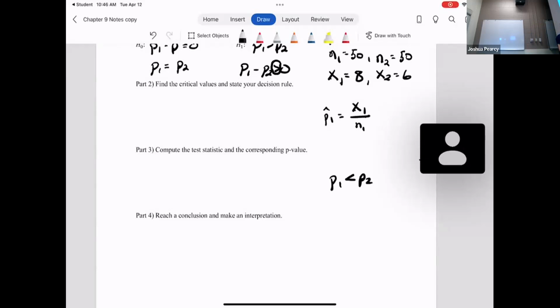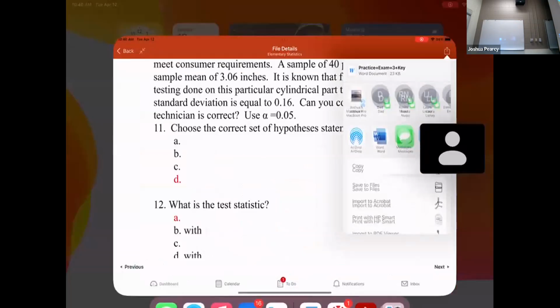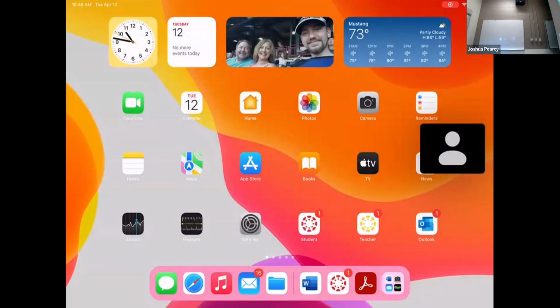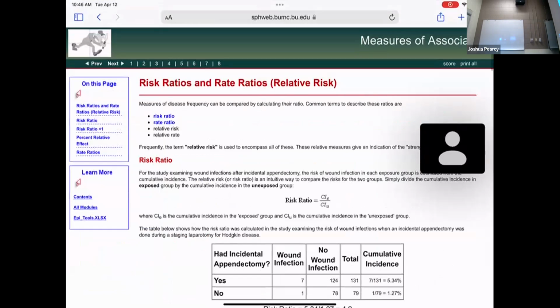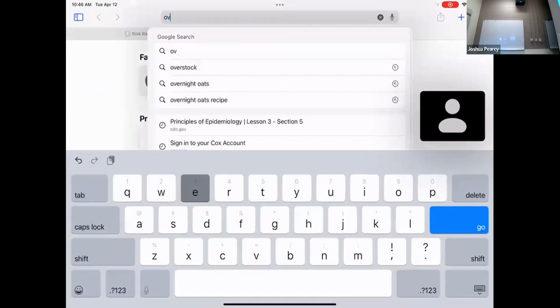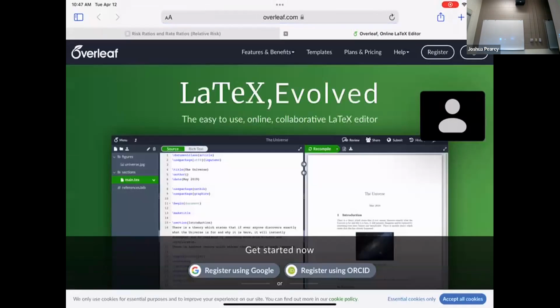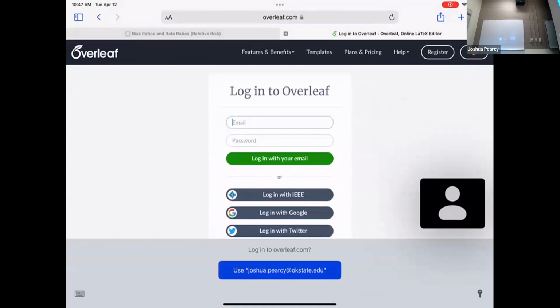I actually have a thing for it, so I'll show you how to do it. Where did I actually put that? It's in here somewhere. Where's Overleaf? Can't remember if I put it in here or not. Log in.